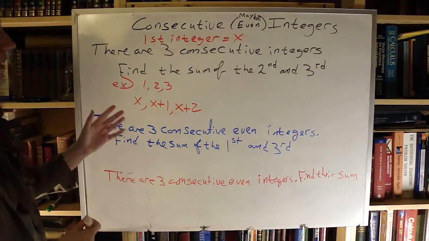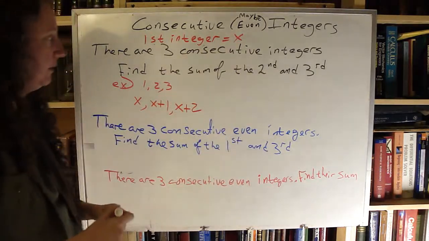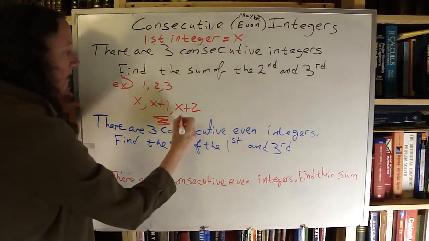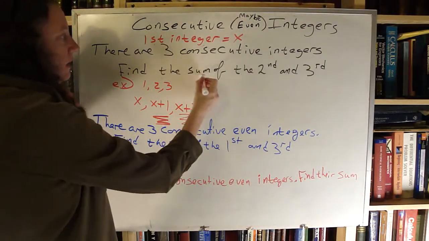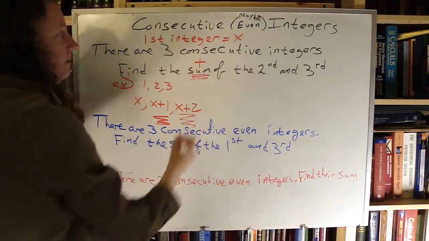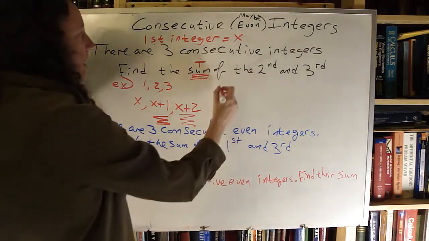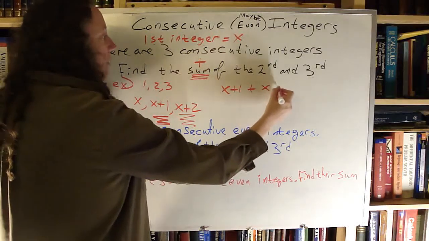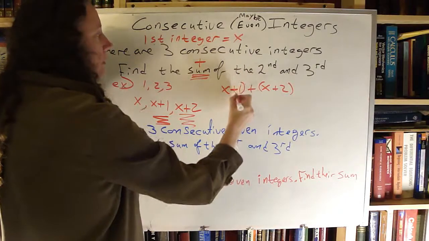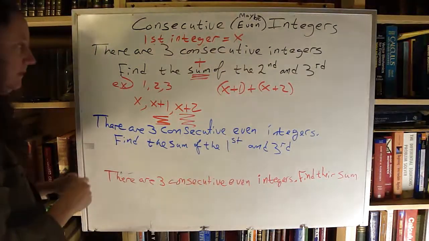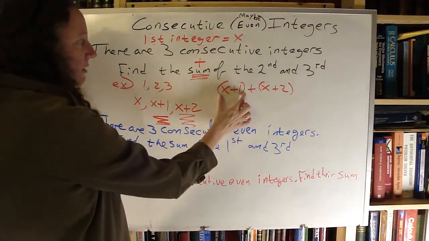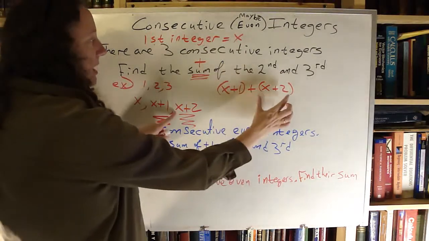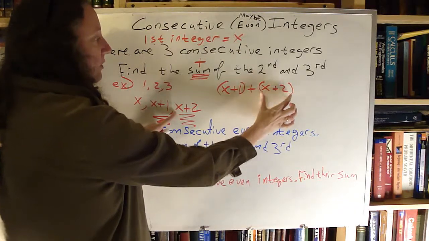Now I have to figure out an expression for the sum of the second and the third. So I need the second one and the third one, and I need to find the sum. Sum means add. So I have x plus 1 plus x plus 2. So there's my second integer, x plus 1, and my third integer, x plus 2.